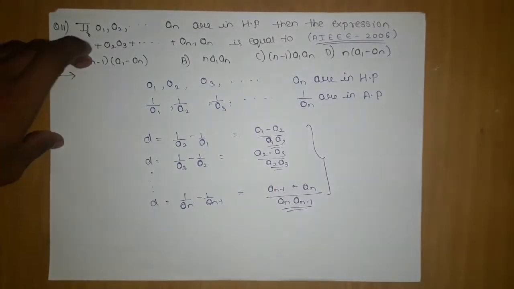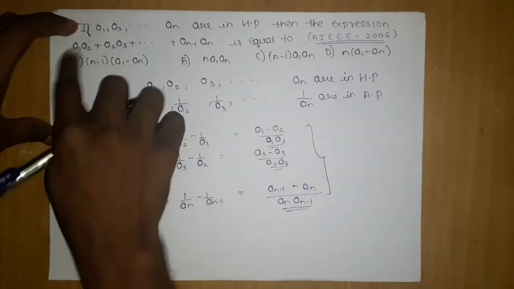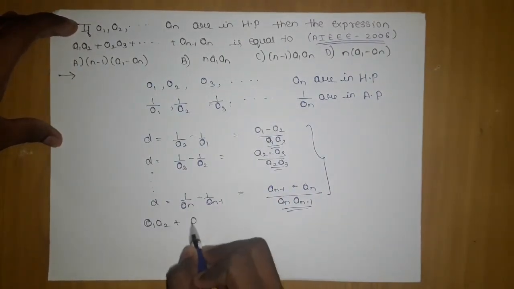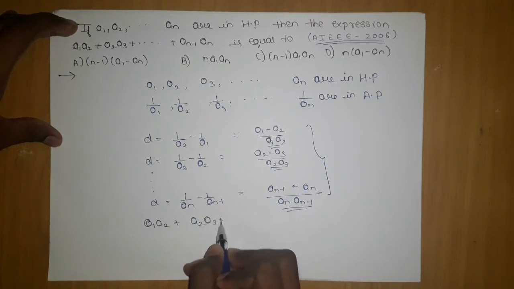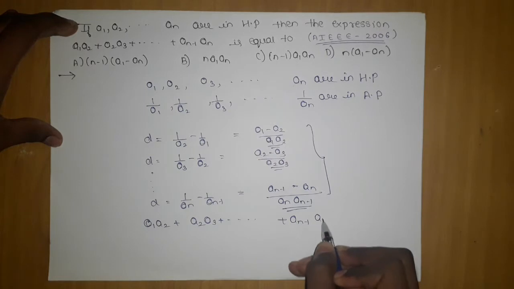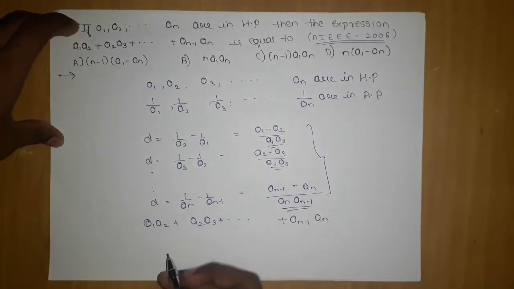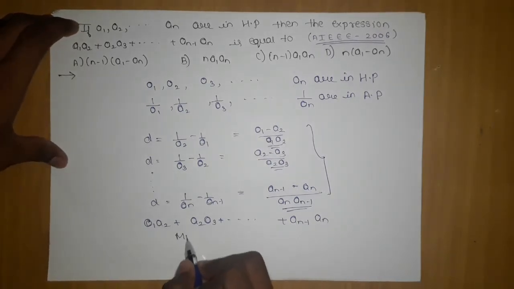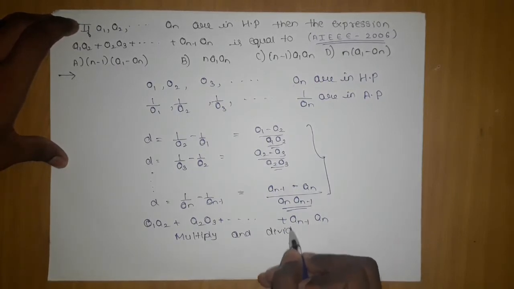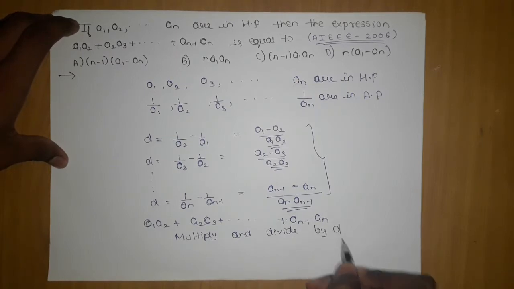So this is the value which I need to find out, which is a1 into a2 plus a2 into a3 and so on till an minus 1 into an. What I will do is multiply and divide by d.